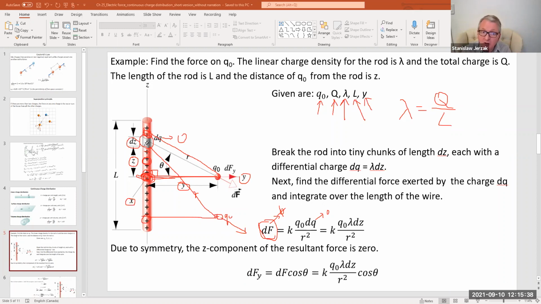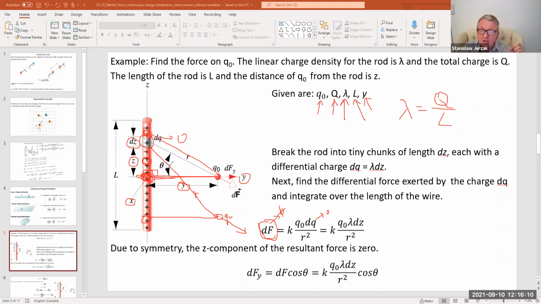That will be probably more clear when we try to find the relationship between r and z, because remember, when that chunk of charge is selected at different locations on the rod, z will be changing, r will be changing, this angle here will be changing. So there are different variables, and you have to integrate over the entire rod, and you will have to select the variable for integration which is the most convenient.